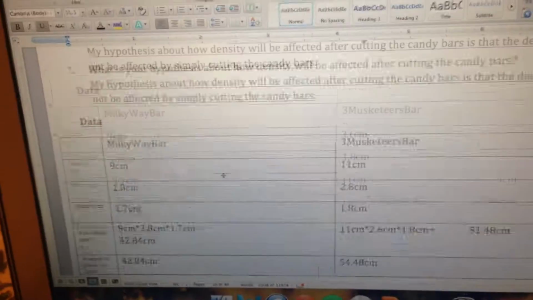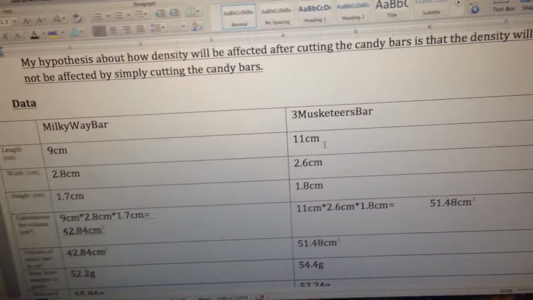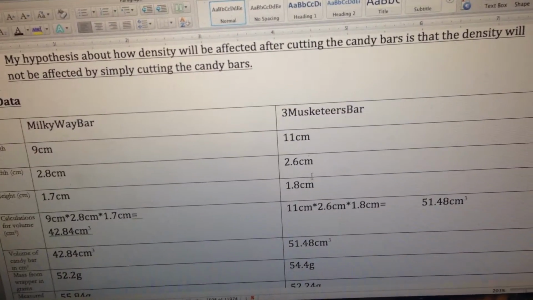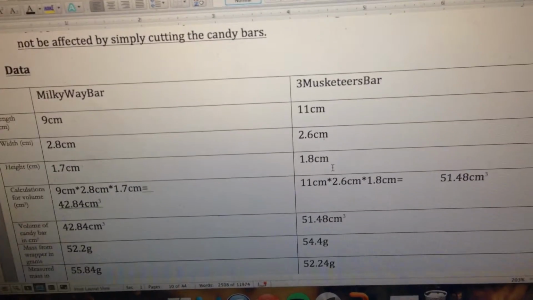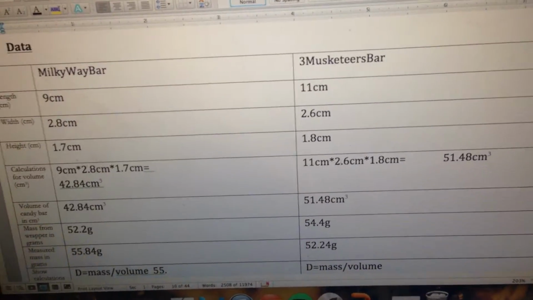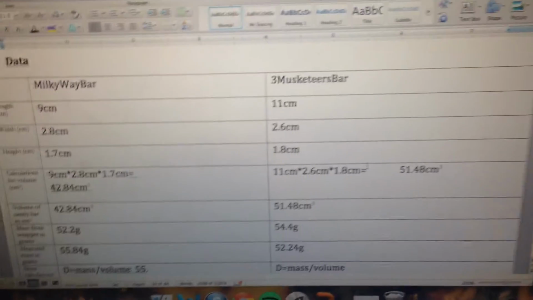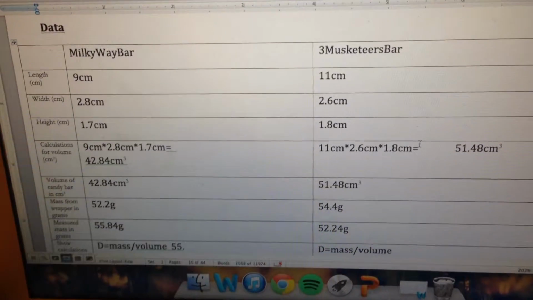And then I just did the same thing for the Three Musketeers bar, and it's a little bit longer, so I got 11. It's a little bit smaller on that, and it's around the same for the height on every single one. So again, I just multiplied everything together for the volume, and I got 51.48 centimeters cubed.